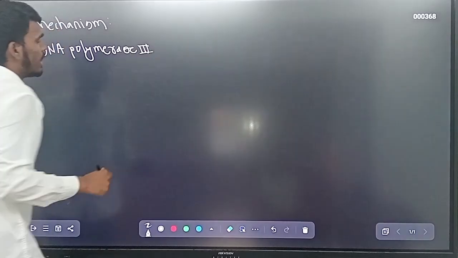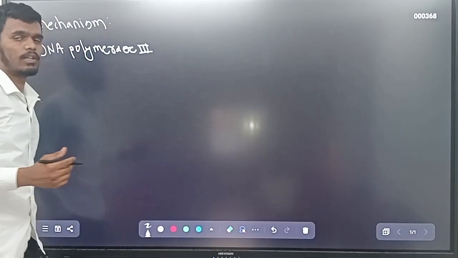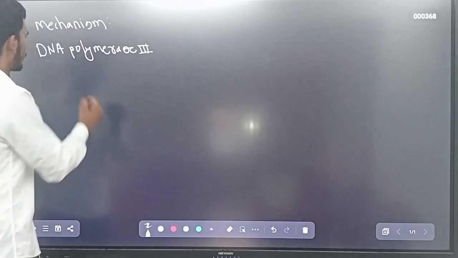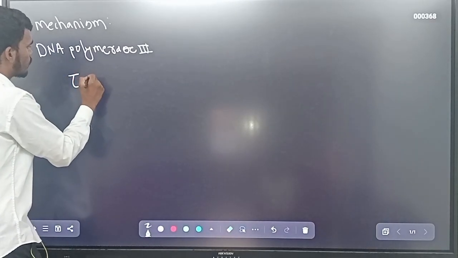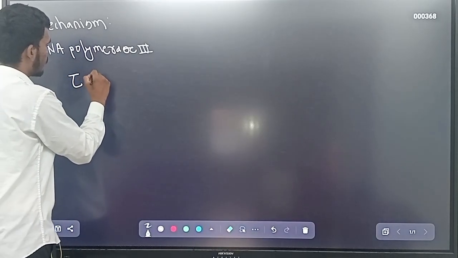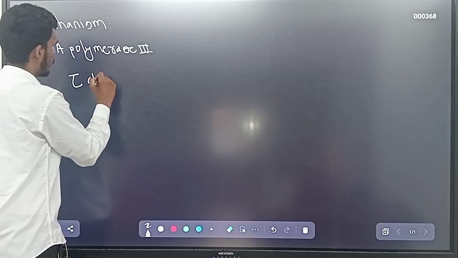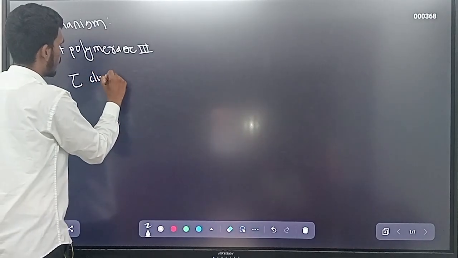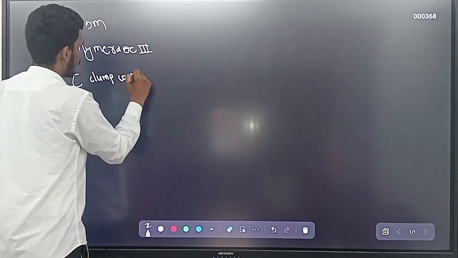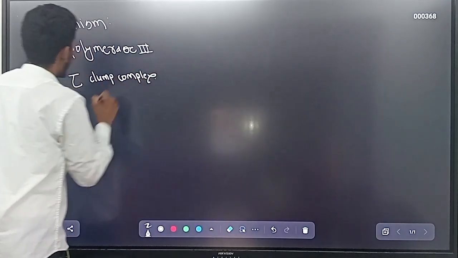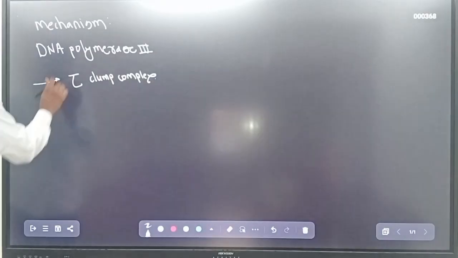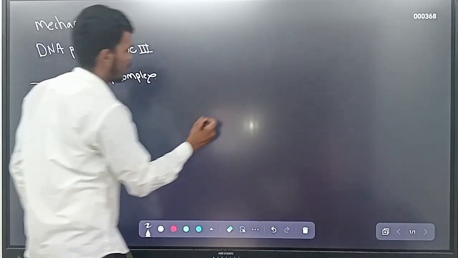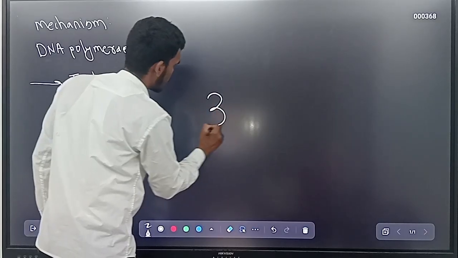This will help in nicking out or cutting out the RNA primers from the Okazaki fragments as well as the primer which is used at the first point of the DNA replication process. So these are all the enzymes which will be used through this process.